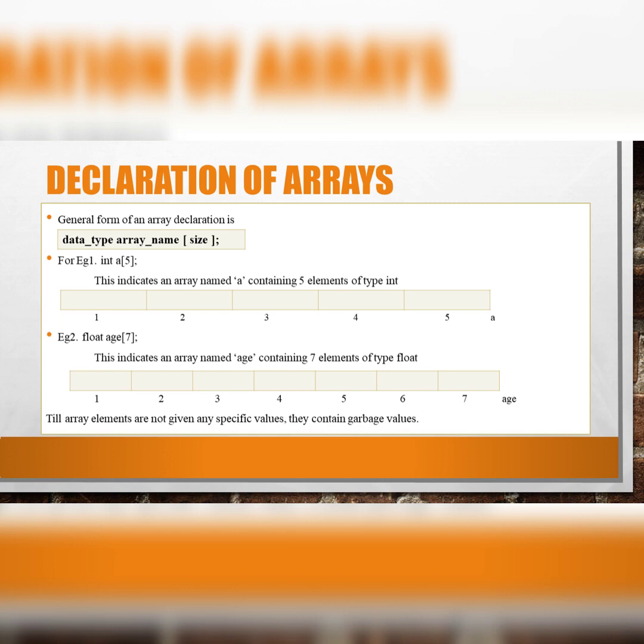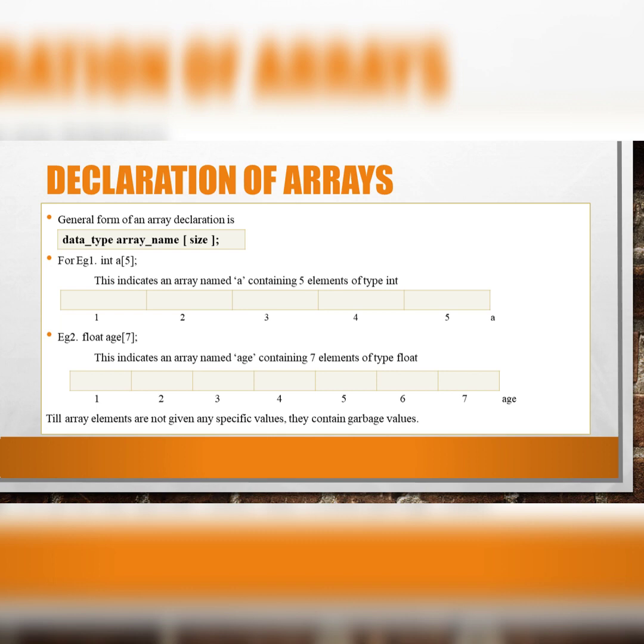Consider the declaration int A[5]. This indicates an array A which contains 5 elements of type int, and the declaration float age[7] refers to an array age which contains 7 elements of type float.